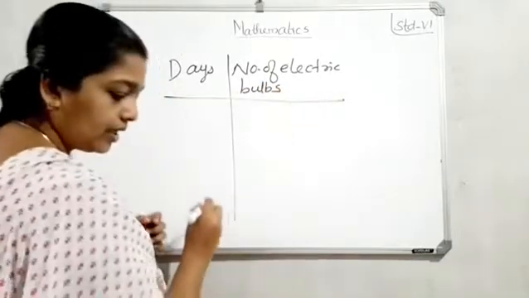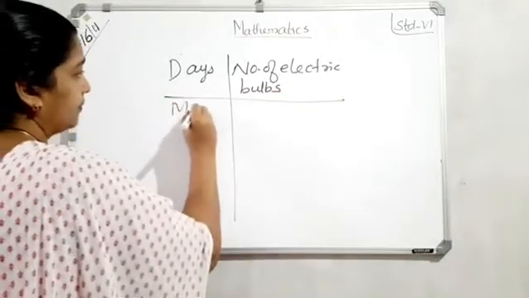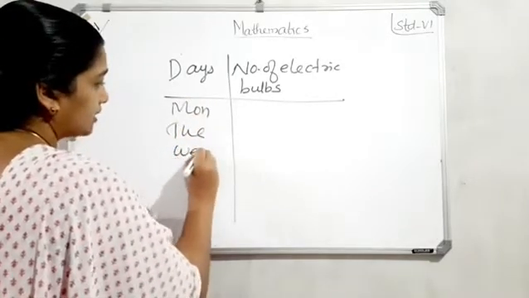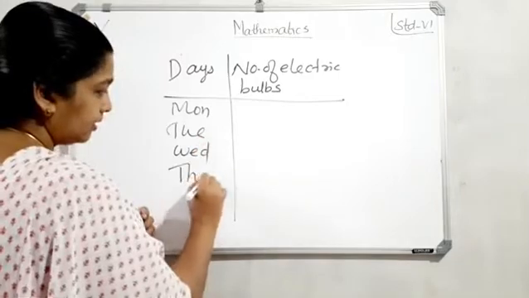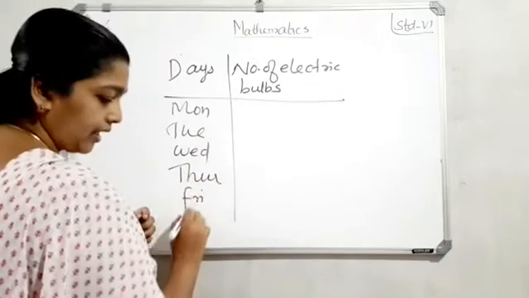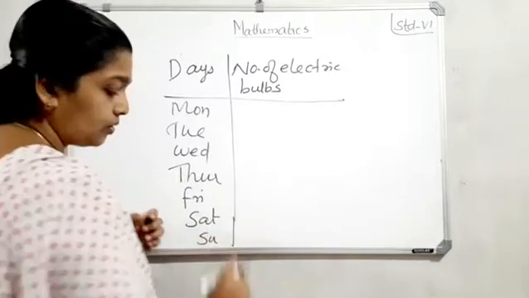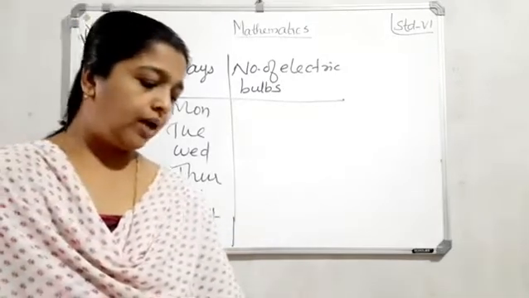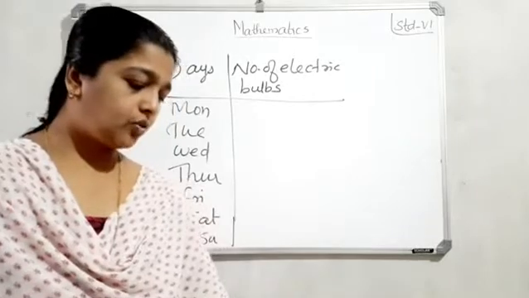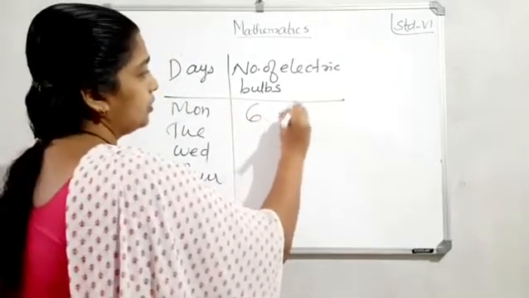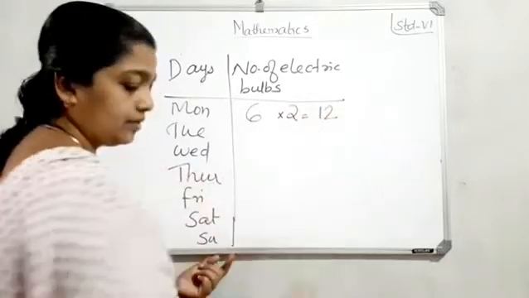Yes. So here Monday, Tuesday, Wednesday, Thursday, Friday, Saturday and Sunday. So one represents how many bulbs? 2. So first one, how many? 6 bulbs, that is 6 into 2 equals total 12. Clear?